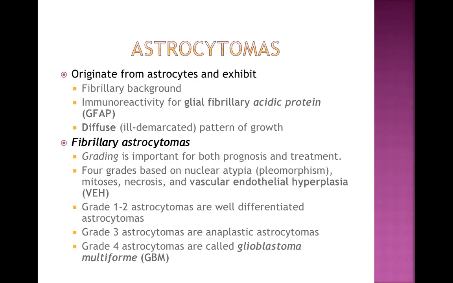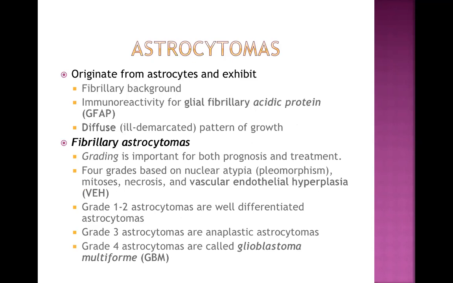Now let's talk a bit about individual tumors. What happens in astrocytoma, what happens in PNET, and what happens in medulloblastoma. Now astrocytomas originate from astrocytes, and these astrocytes are glial cells. And there are some common histological findings.